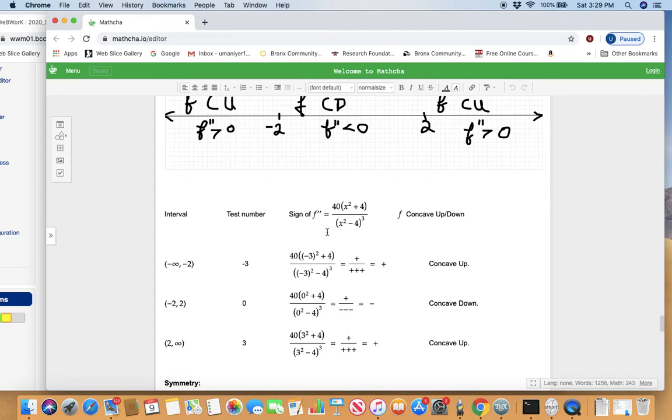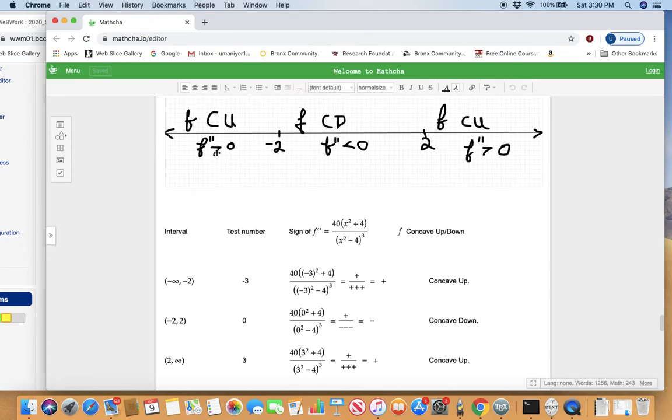When f double prime is positive, f is concave up. When f double prime is negative, f is concave down. So that tells me I'm concave up here, concave down here, concave up here. And there is no inflection point anywhere. These numbers are not in my domain.